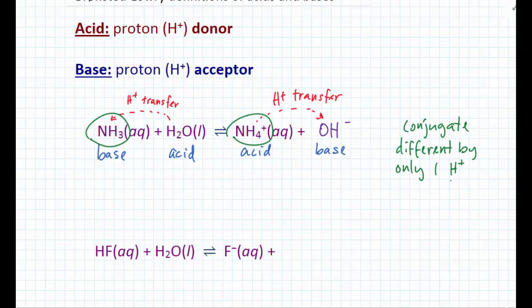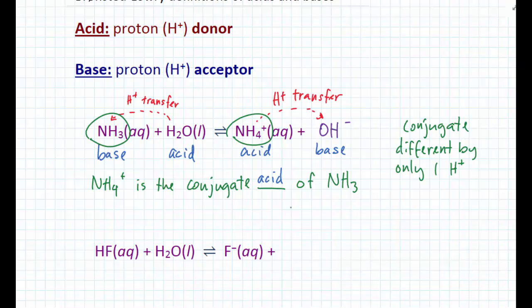And we call it a conjugate blank based on what it behaves as. So if we write it this way, NH4+ is the conjugate blank of NH3. It is the conjugate acid of NH3.